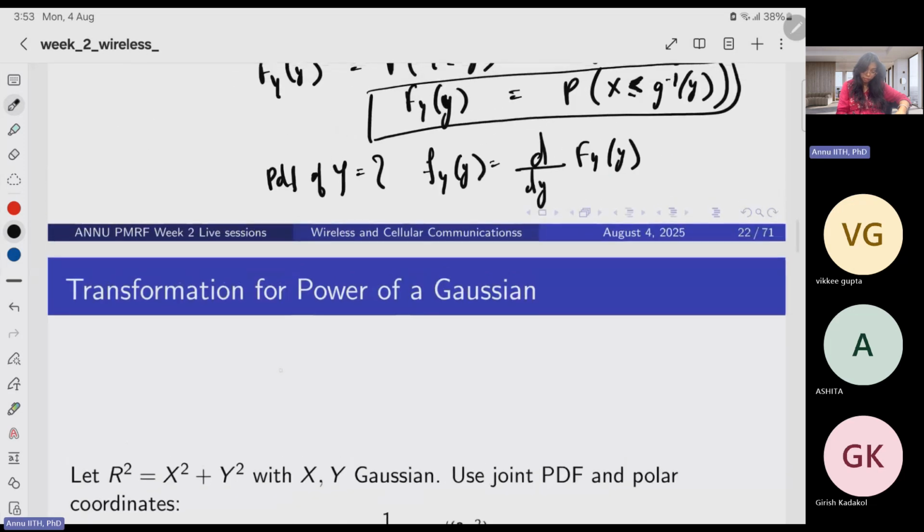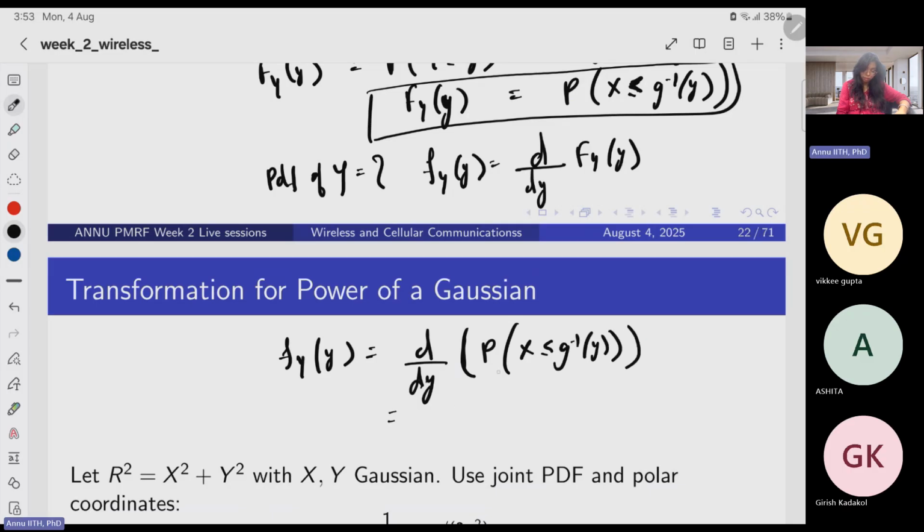So it is d of dy of F of x at g inverse of y, which is f of x of g inverse of y times the derivative d of dy of g inverse of y.